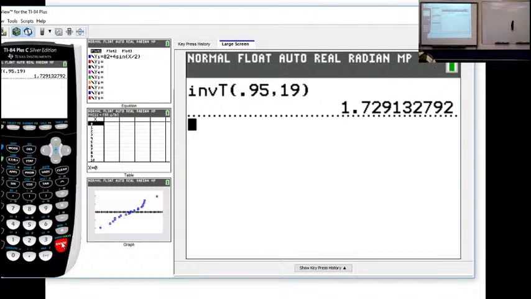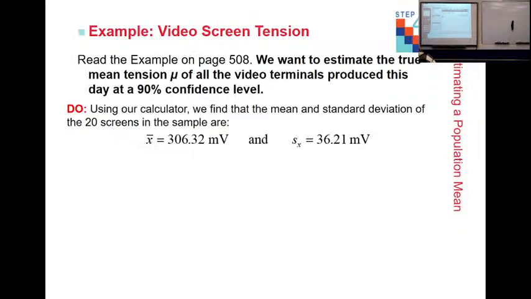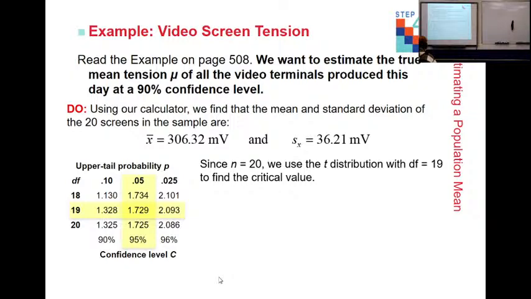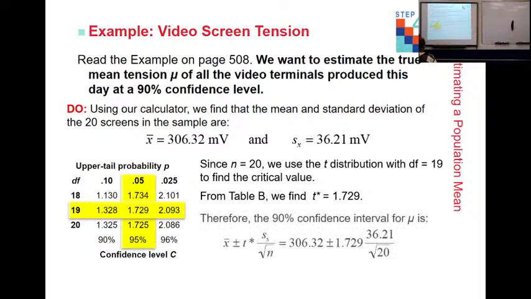Now we've got all the pieces we need for our formula in step 3. Here we go. First of all, it's showing in the table where to get our t-score. It's 1.729. Formula, plug in the numbers. Let me walk through that formula and plug in the numbers again. It's the statistic, which in this case is the mean, x bar, plus or minus the critical value.